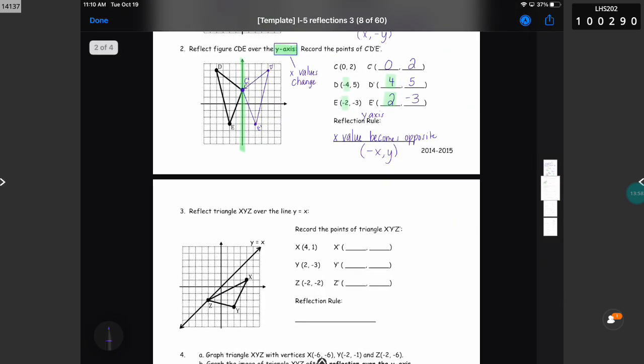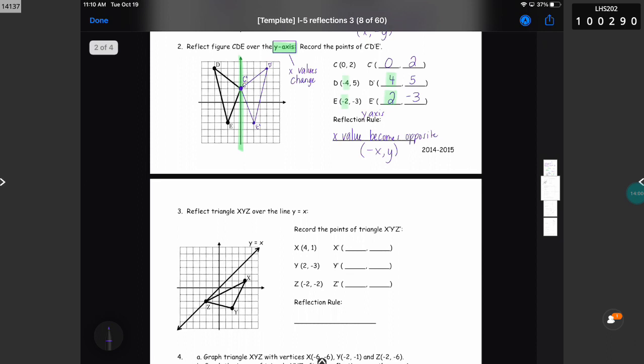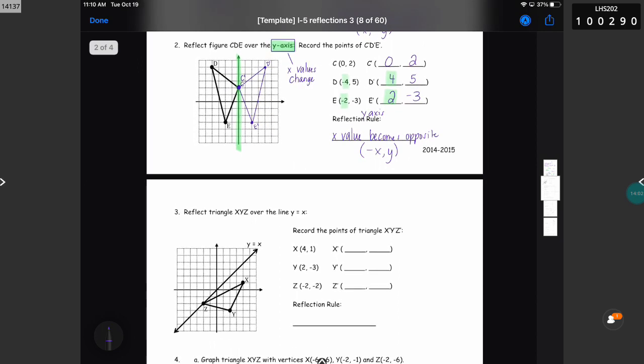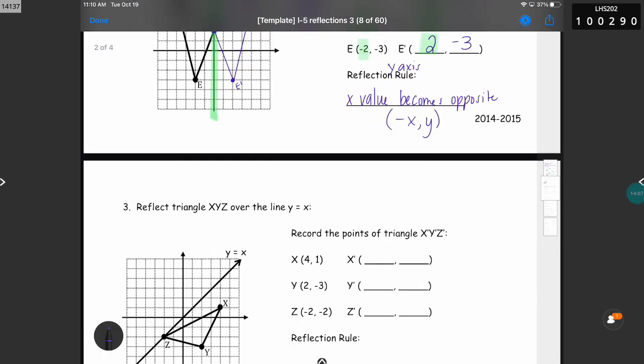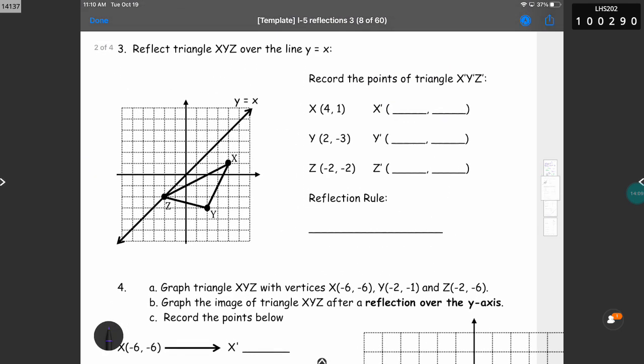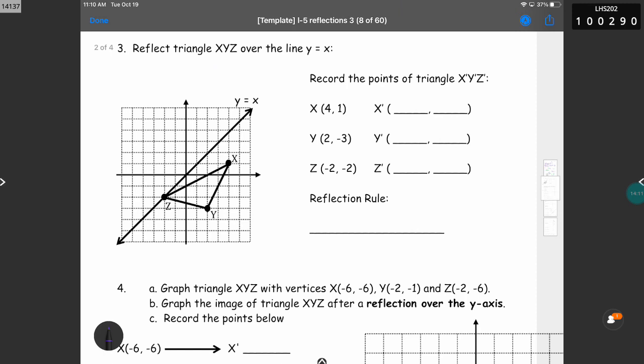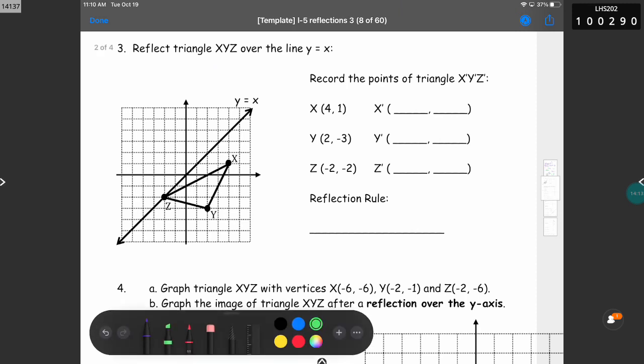There is one more scenario that we may see. This page protector, or the patty paper like we used last week, helps us out a lot with this. It says reflect triangle XYZ over the line y is equal to x. That y is equal to x line is this right here.